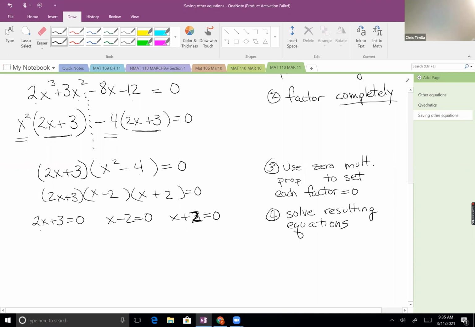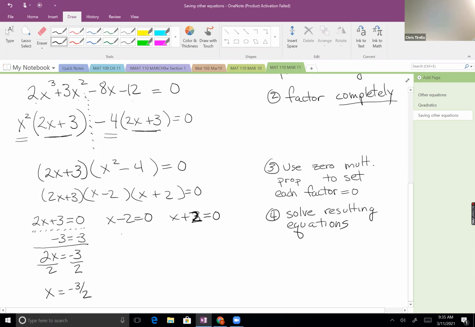So when I look at solving this first equation, trying to get the x alone, first we'll subtract 3 from both sides. And then to get a leading coefficient of 1, we'll divide both sides by 2, and we get x equals negative 3/2.